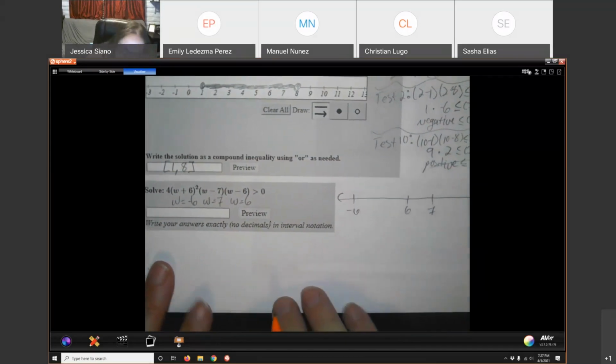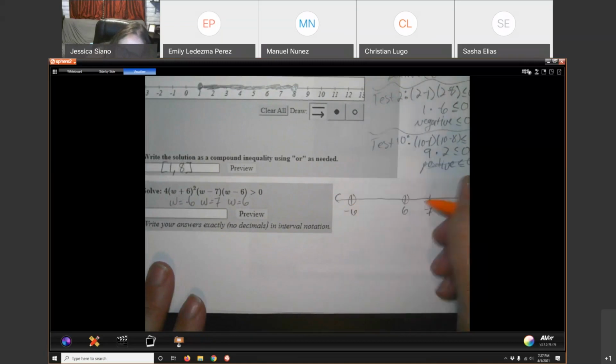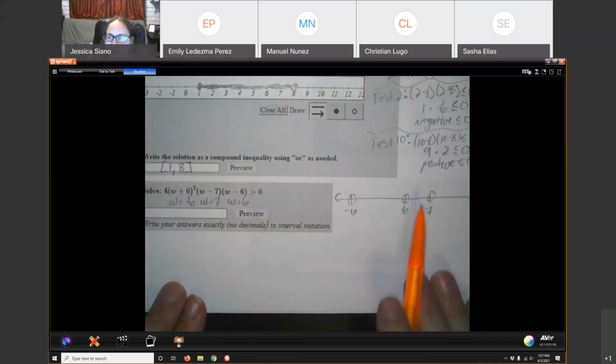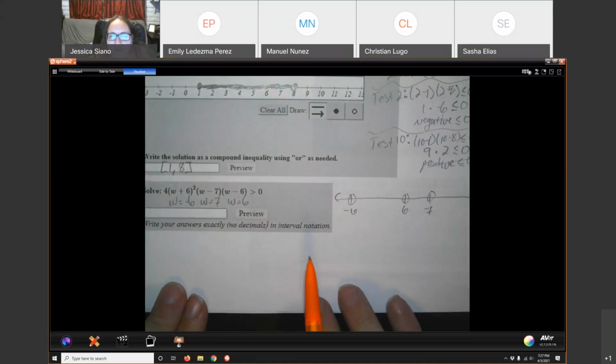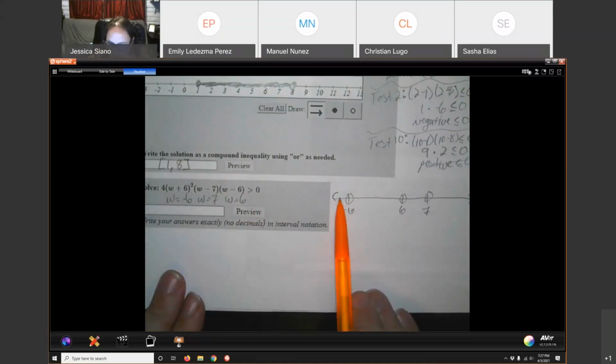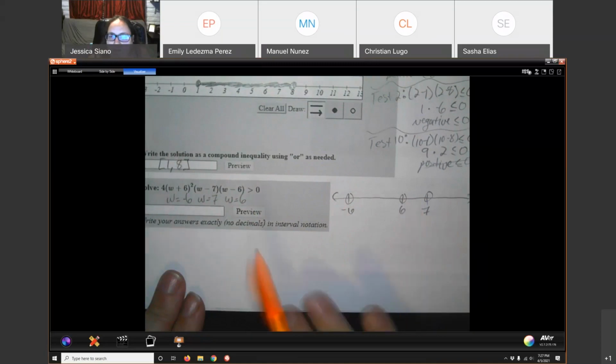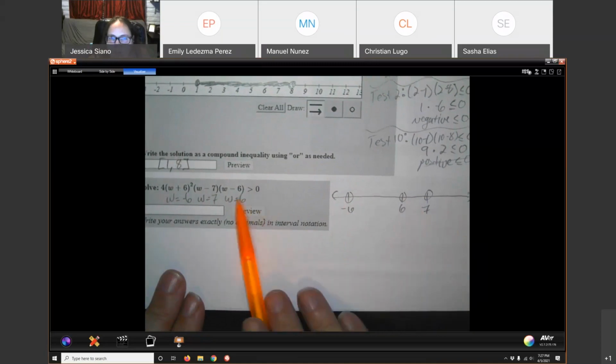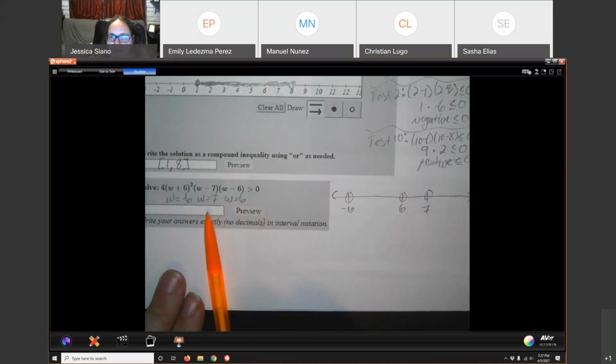I'm going to put open dots at each one of these this time because this does not have the or equal to. I need open dots over here. And so I'm going to plug in a number from each section, 1, 2, 3, 4, and check to see this time I'm looking, will I get a number greater than 0?